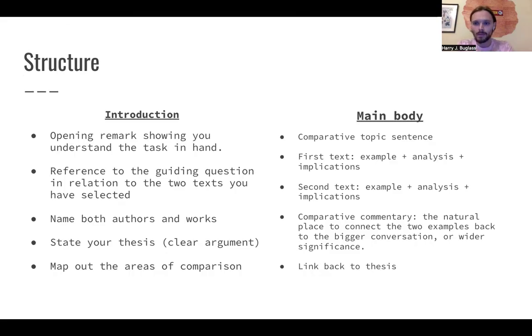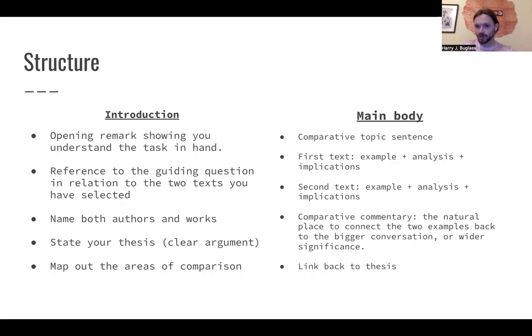However, the main body is where all of your marks generally are found. A comparative topic sentence. Do not start your main body paragraphs referencing one of the texts only. It's a comparative essay, and if you want to achieve high in criterion A and C, you need to focus on both texts.